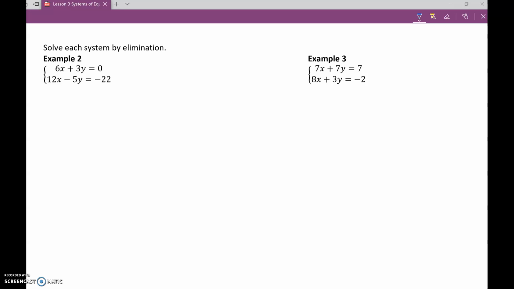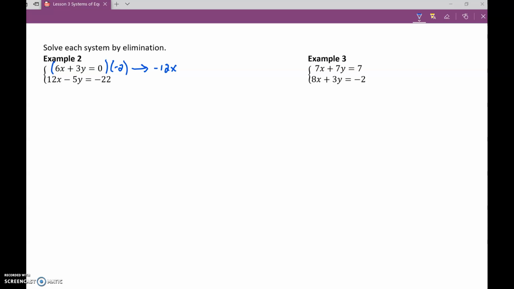So if you look at your x coefficients, one's 6 and one's 12. Well, if this one's 12, I can make this negative 12 by multiplying by what? Yep, negative 2.